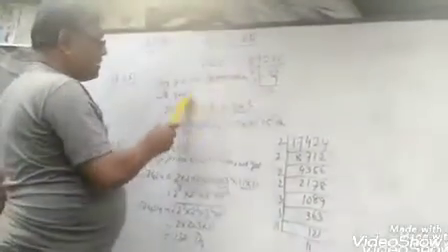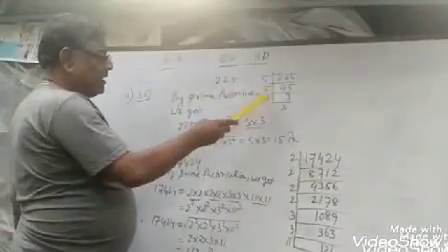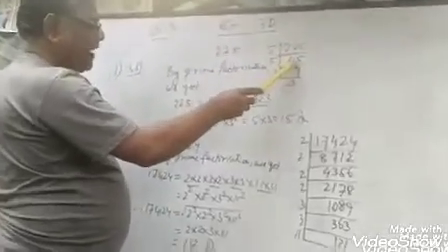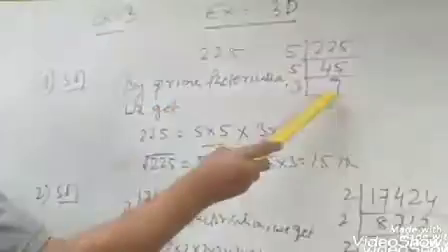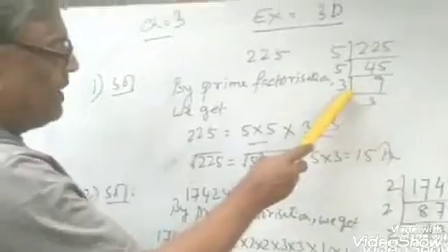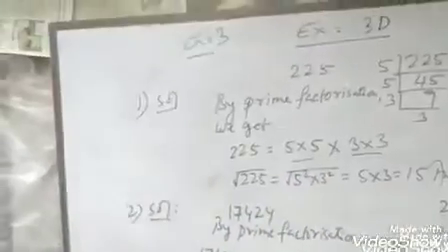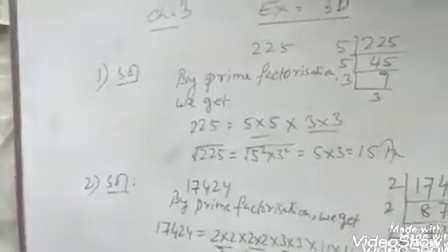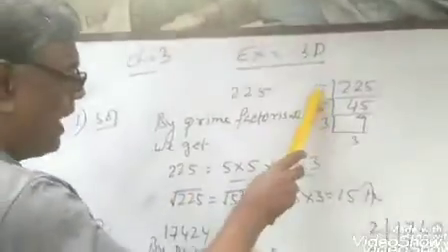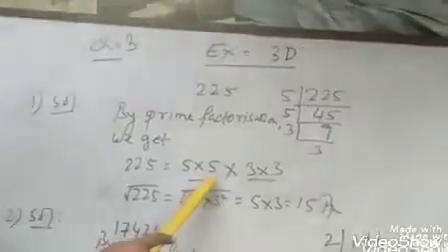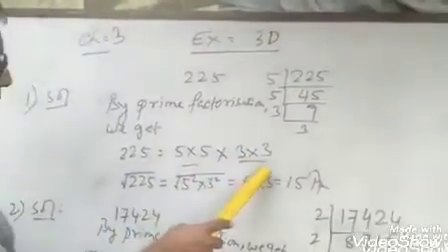225 by prime factorization method, we get 225 divided by 5 we get 45. Next 45 divided by 5 we get 9. 9 divided by 3, the quotient is 3. We get 225 equals 5 into 5, 3 into 3.